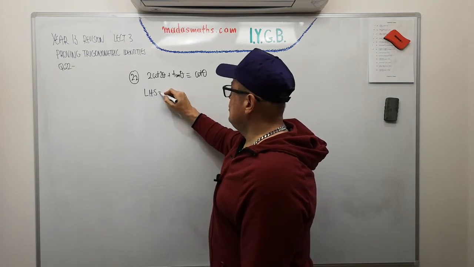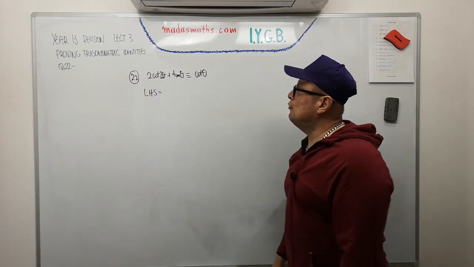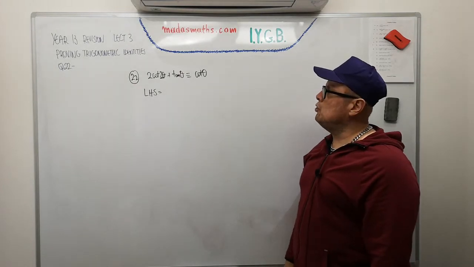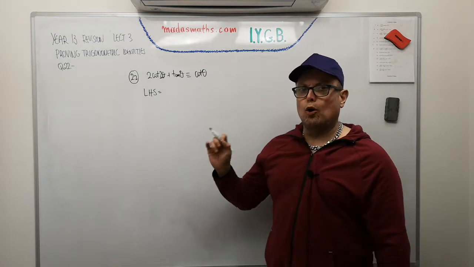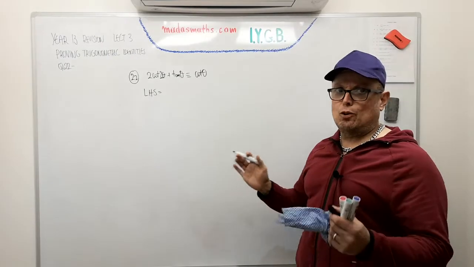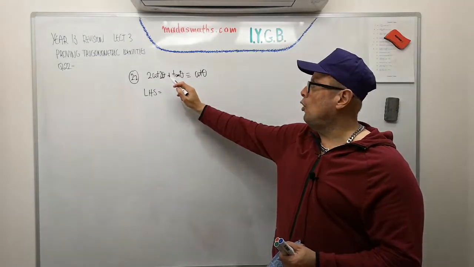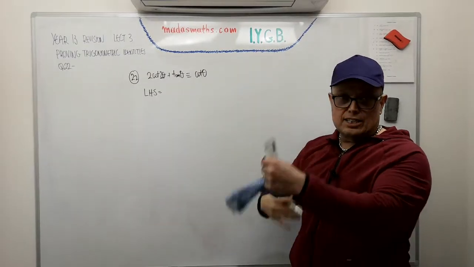And what do we do with something like this? Quite clearly, we need to break down this cot of 2 theta. Do we go sines and cosines, or do we stay with cots and tans? Both of them will work. The only problem with staying with tans and cots, for the majority of students, is you're not likely to remember your cot double angle, which is basically your tan of 2 theta turned upside down.